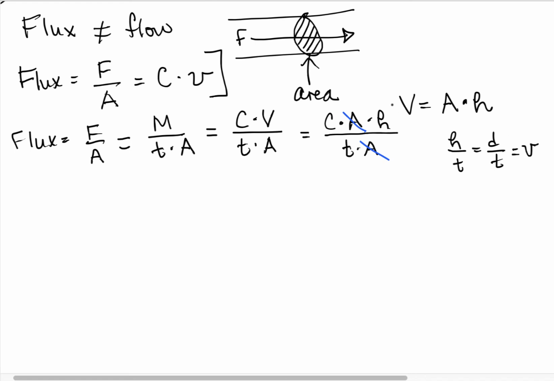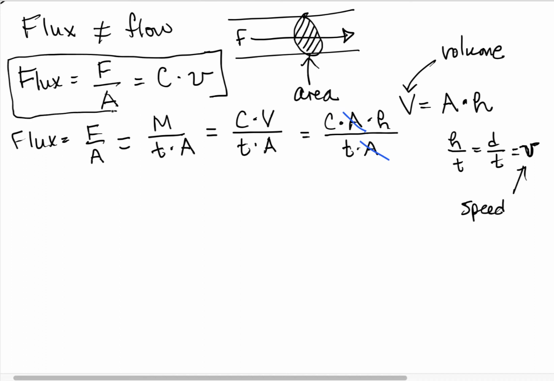Because we have a V for volume over here, I'm going to use a little cursive v to distinguish the velocity, which is really just the speed. So to sum up, our flux is our flow over an area, or the concentration multiplied by the speed at which the stuff happens to be moving.